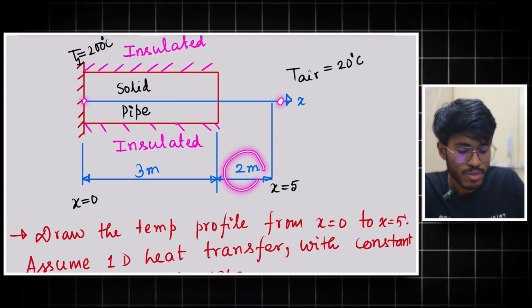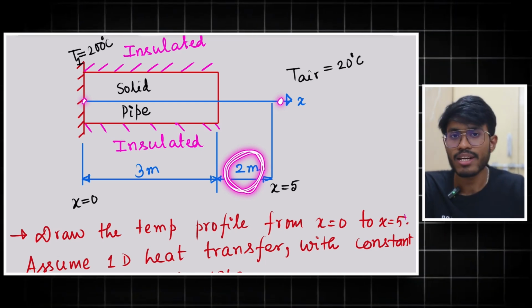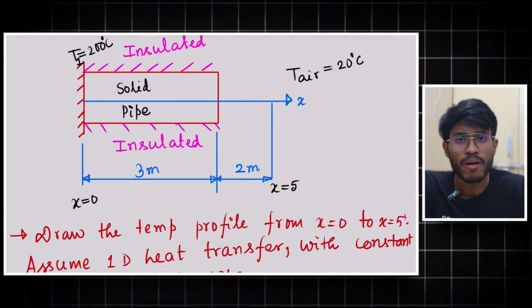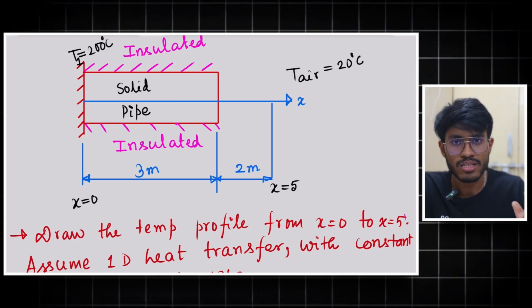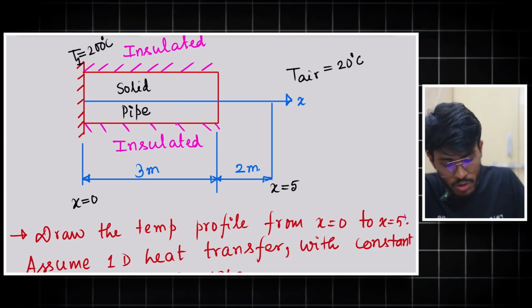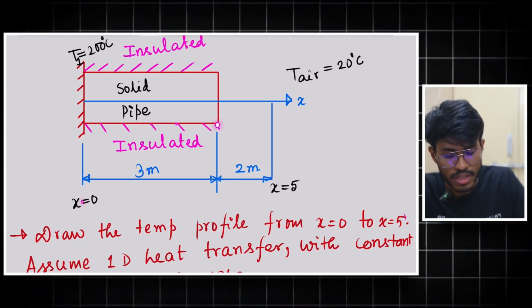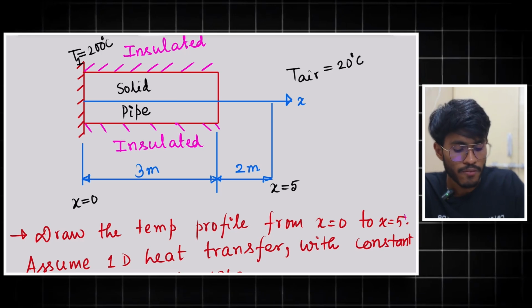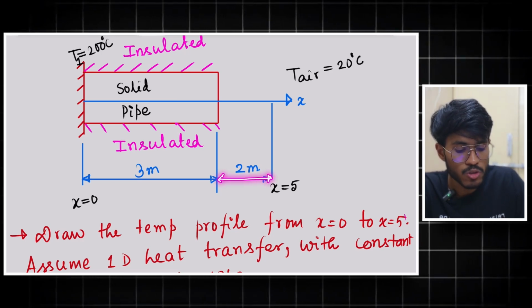And this is the significance of this 2 meter. Generally, in the GATE examination or any other typical examination, you are asked to draw the temperature profile for x equal to 0 to x equal to 3 meter, that is, for this pipe. But now you have to draw the temperature profile for this extra 2 meter also.